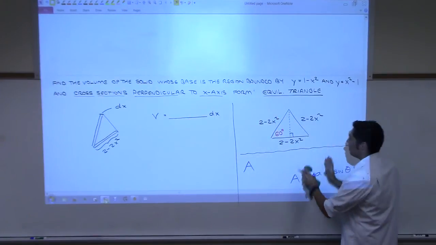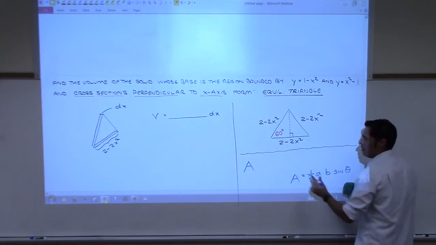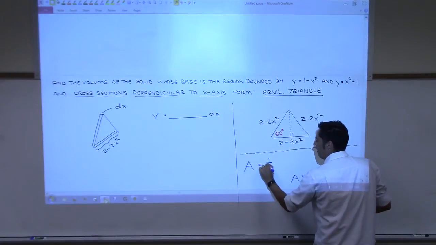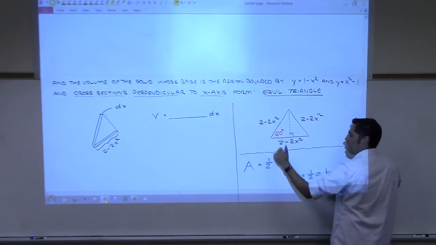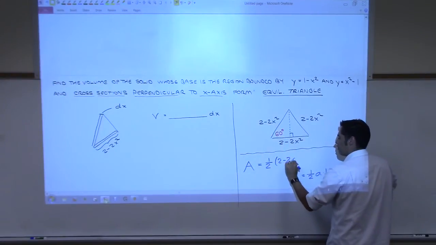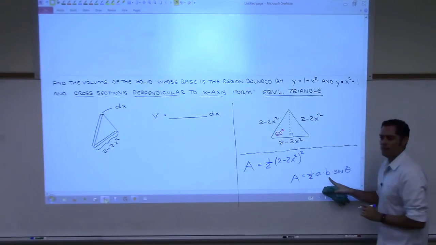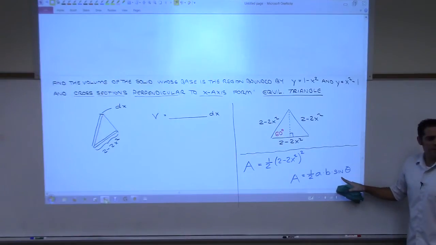And so the area of this triangle is the fill in the blank part. The area should be 1/2 a times b, which is this side times this side. So 2 minus 2x squared, squared, right? Then sine of 60 degrees.